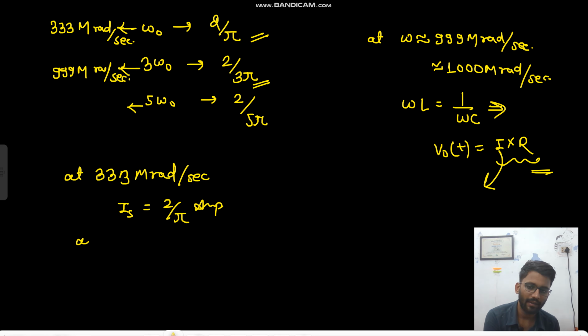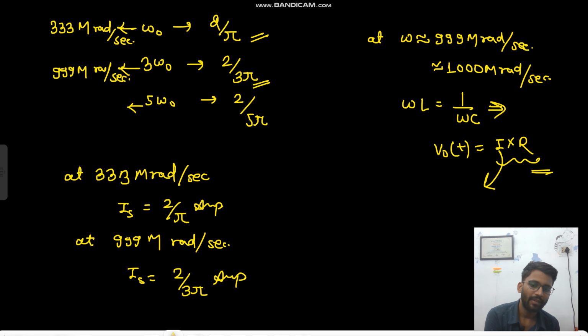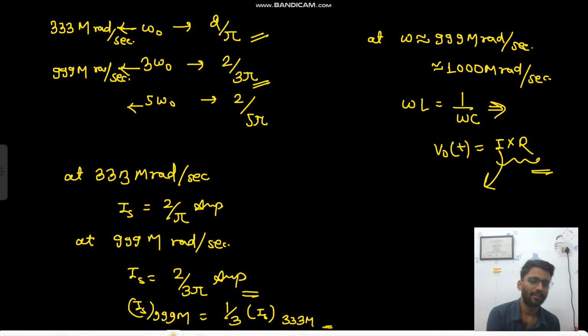Okay, and at 999 mega radian per second, your magnitude of I is 2 by 3 pi ampere. So the magnitude of I at 999 mega radian is 1 by 3 times the magnitude of I at 333 mega radian. Do you understand this? The magnitude is 1 by 3 times.